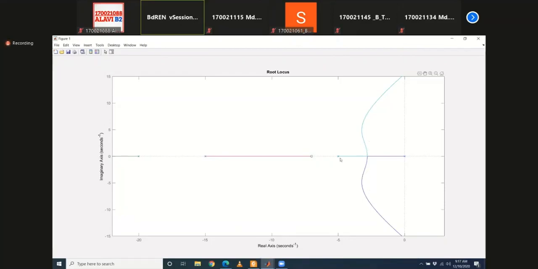Now let's move on to the next pole, pole number 2, which is an even number. So nothing will exist to the left of this pole. As you can see, there is no root locus. Now this is pole or 0 number 3. So what will happen now?